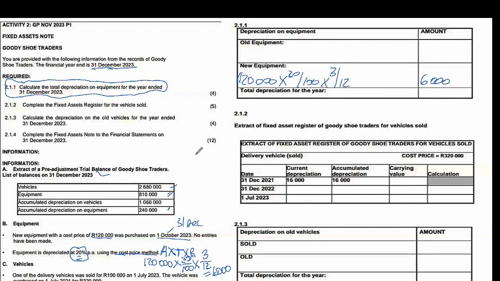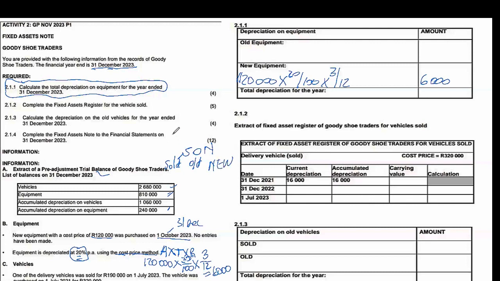Remember, every time we calculate depreciation it consists of SON. What do I mean when I say SON? S is for sold, O is for old, and N is for new.